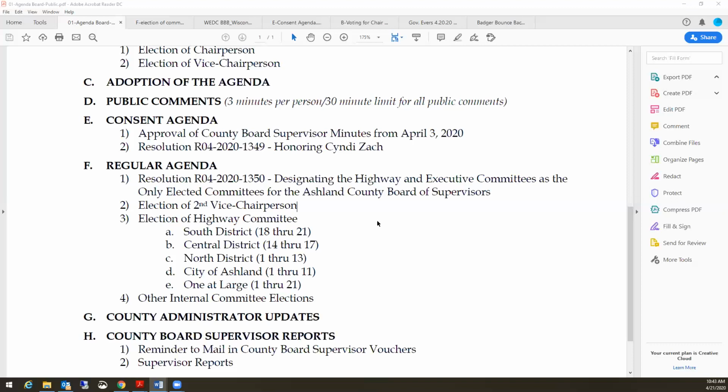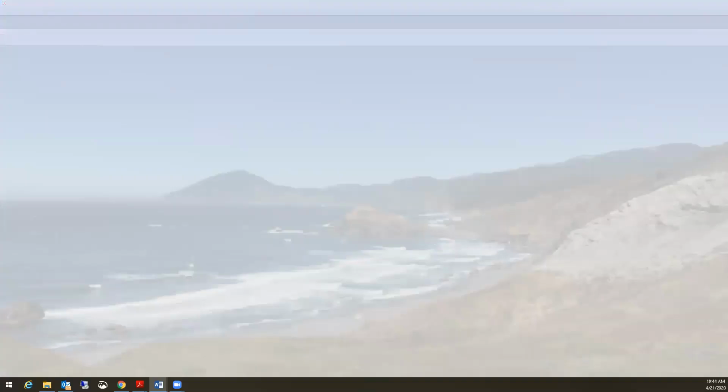And if the chair and the vice chair, nothing happens to them, then this second vice chair doesn't have any authority, any additional duties. Then what is the sense of having this? It's just more paperwork, in my opinion. It's a backup in case something happens.